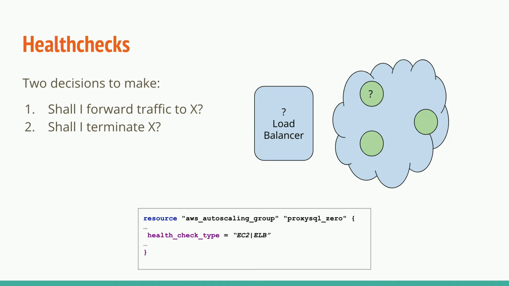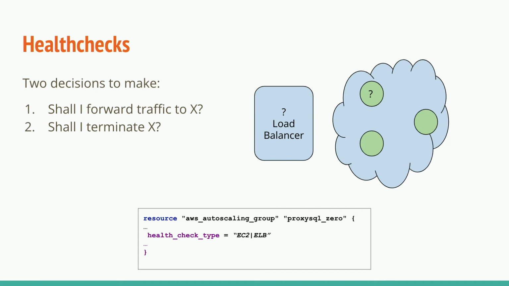So in AWS, there are two decisions to make, right? AWS needs a health check to make two major decisions. One is, should I forward traffic to this target? If the target is healthy, the load balancer will use this target.